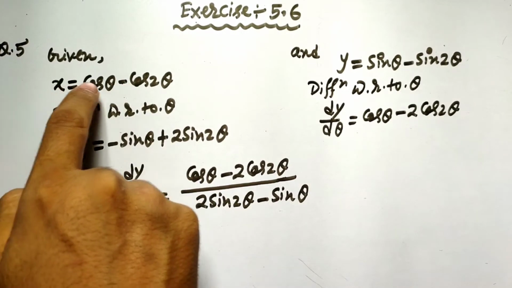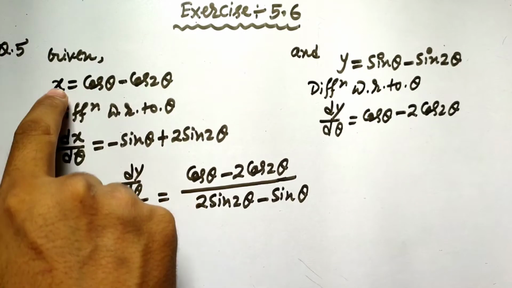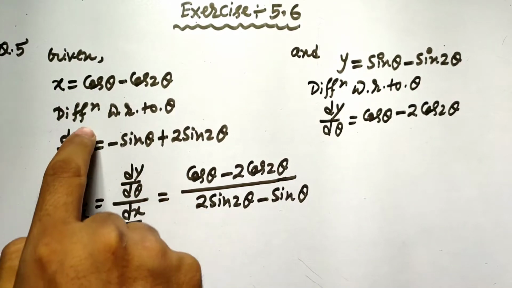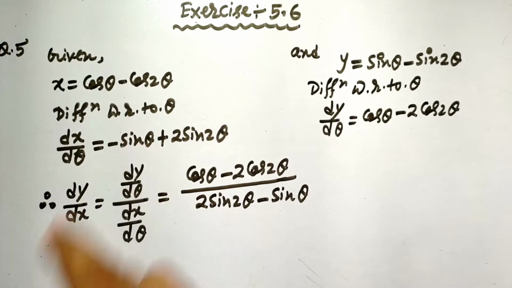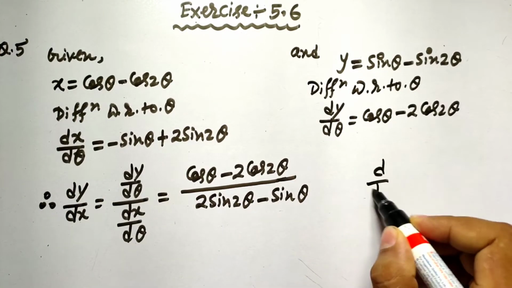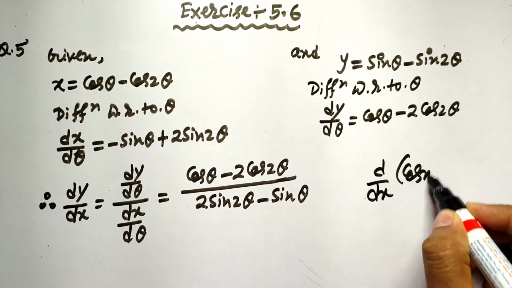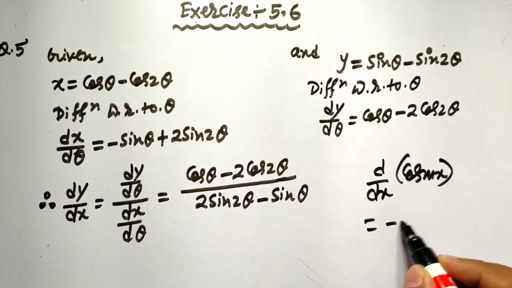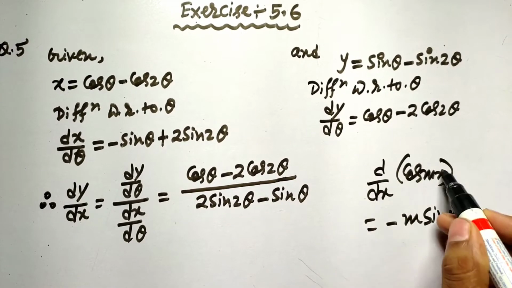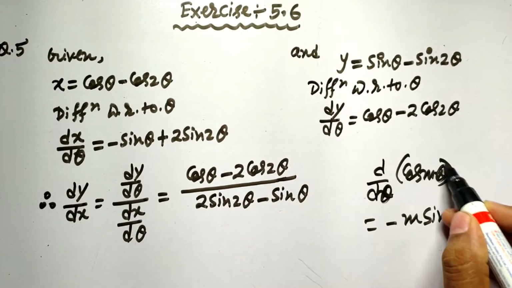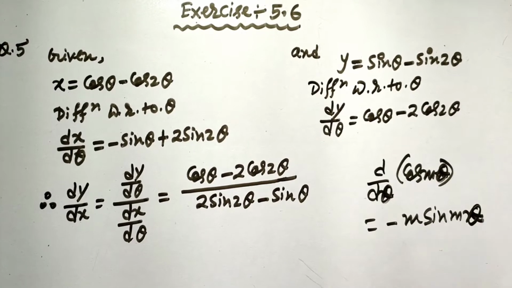So if you differentiate both sides, d by d theta of x equal to the derivative of cos theta, which is minus sin theta, and we know the derivative of cos mx, I already told you, is minus m sin mx. So here the variable is theta, so you have to write theta here.